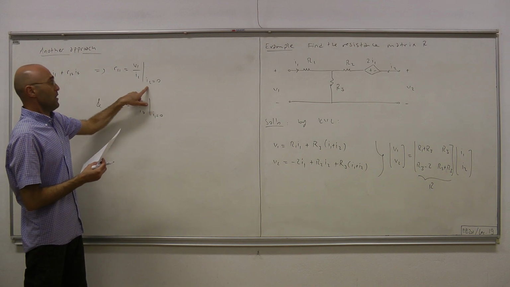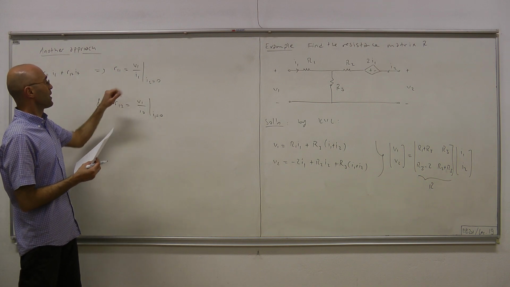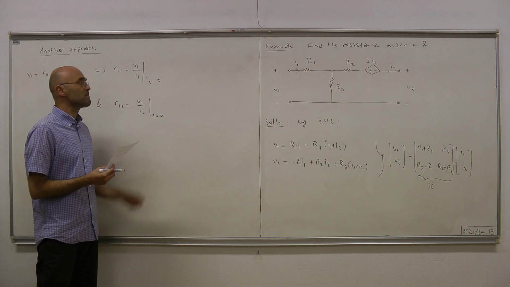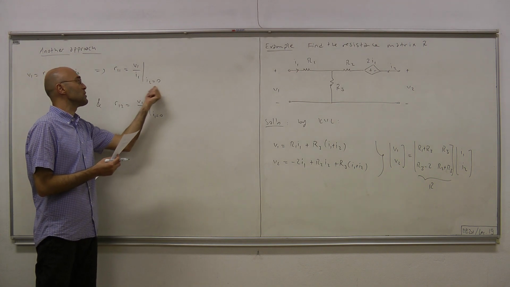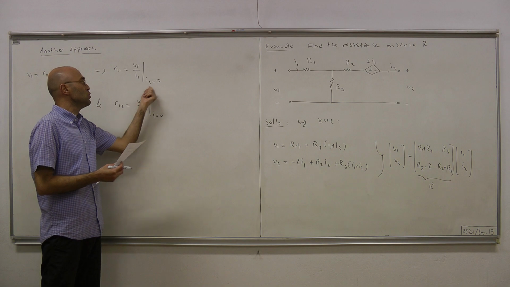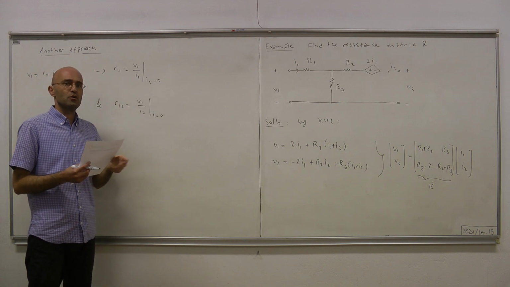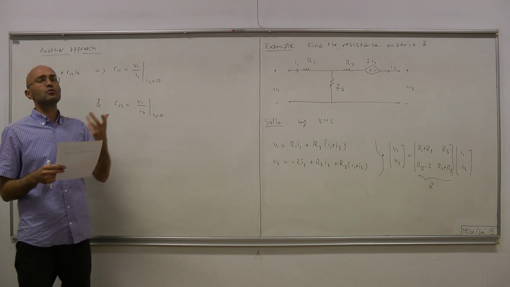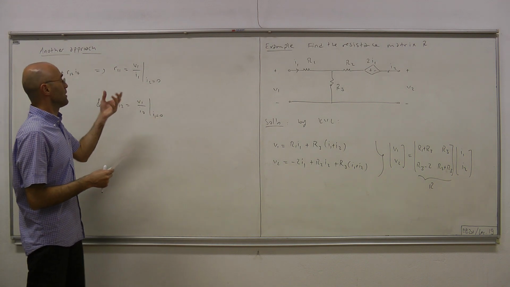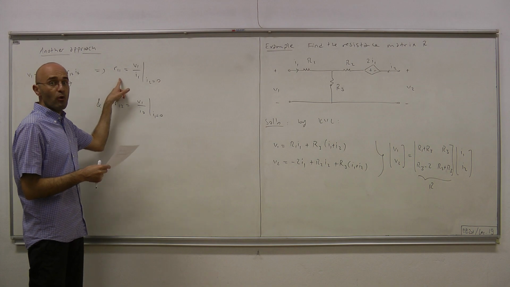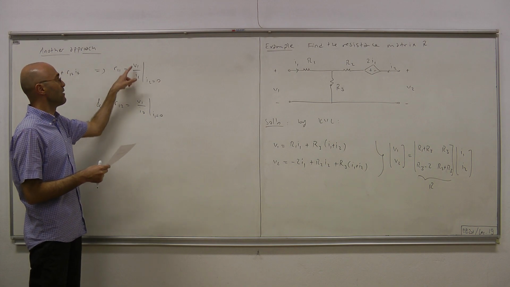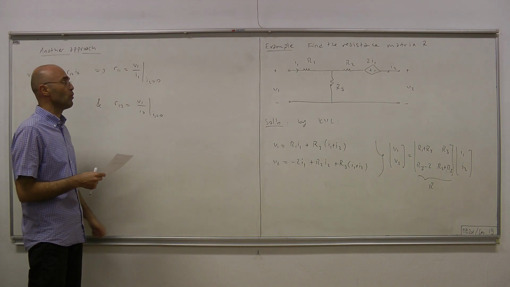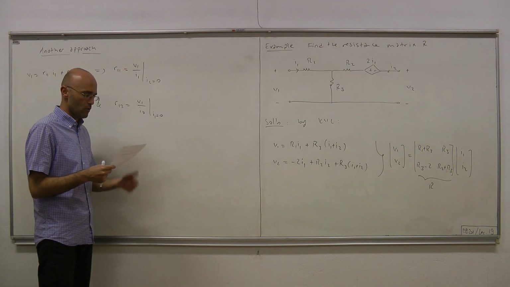It means that when I2 equals 0, the ratio of V1 to I1 gives you R11. And I2 equals 0 means you let the second port be open circuit. You don't connect anything to it, therefore I2 is automatically 0. And when you do not connect anything to it, you can go to the first port, measure the current and voltage, or compute the current and voltage, take the ratio, and that gives you R11.